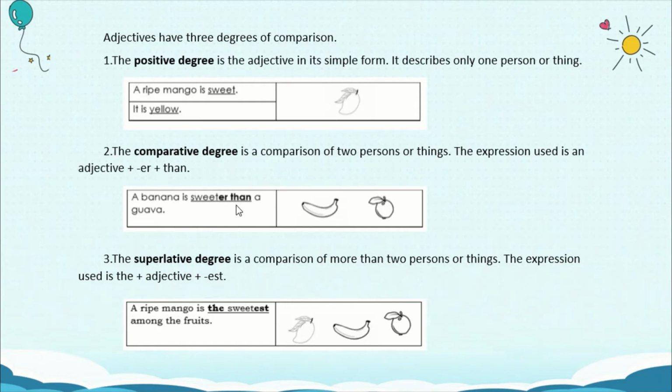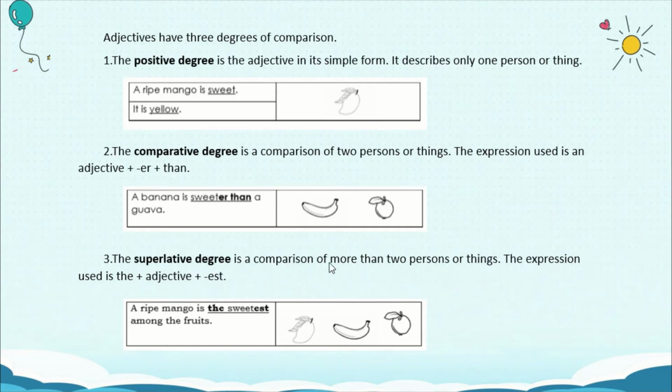In this example, the comparative degree of the adjective is sweeter because we are comparing two things, which are the banana and a guava. Remember, when we say comparative degree, we are describing or having a comparison of two things or two persons.